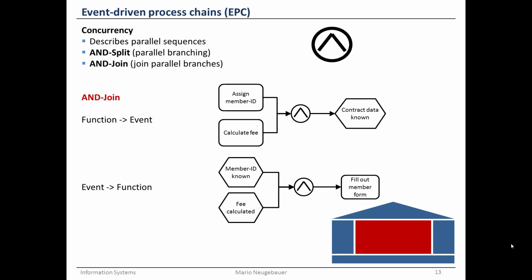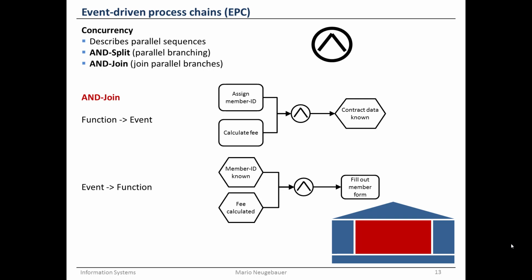In a similar way, you have the AND split. You would maybe like to join two different concurrent sequences. So therefore, you have the AND join. Again, the AND join is described by the same sign, like you can see here in the upper right corner. This logical AND, two lines open on the bottom, surrounded by the circle.